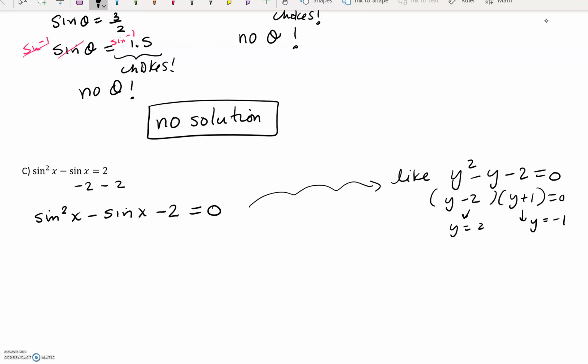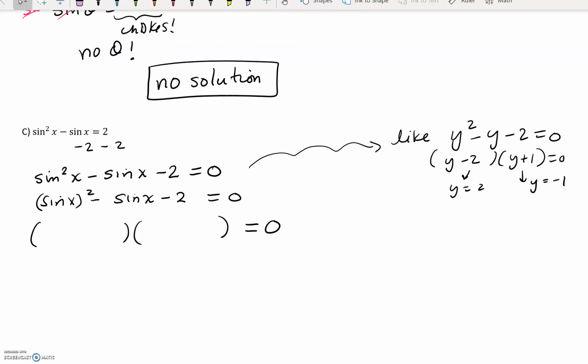And for this one, since sine x is what I'm trying to isolate, I'm going to go ahead and factor it. So I have sine x squared and then sine x and then a constant. Kind of like here, I had y squared and then the y and then a constant.